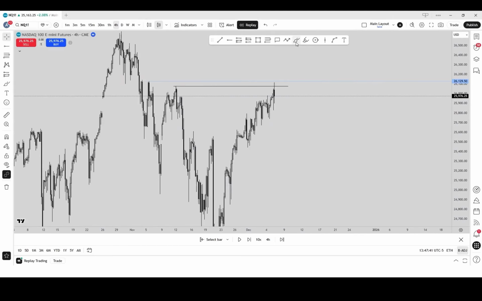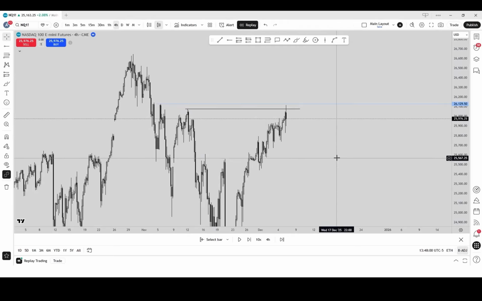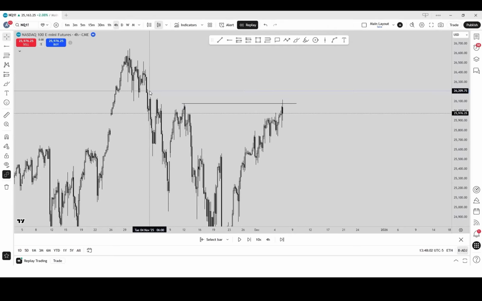Can we buy at this low? Yes or no? No, exactly. We can't buy there. Why? We've taken something out. It's a pretty significant high, and we've just taken that out. Although we left liquidity here, we haven't taken out that liquidity over here.